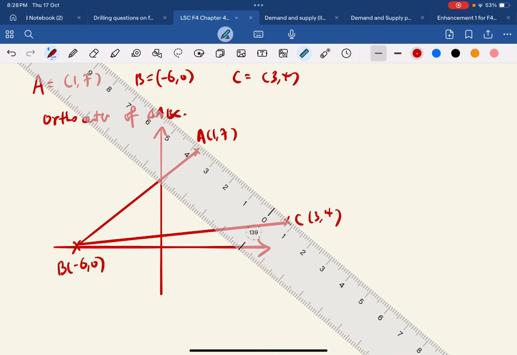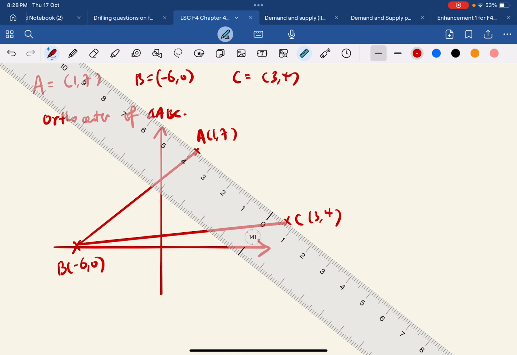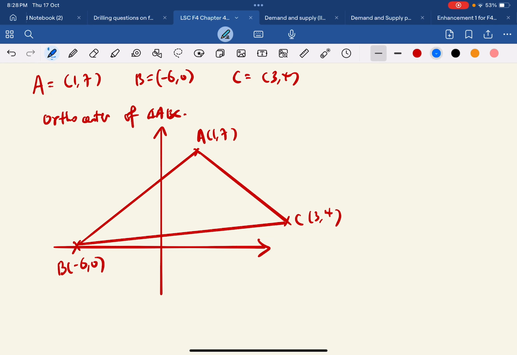Okay, and then let's try to draw the height. So this would be one of the heights, okay? And then this would be another height.